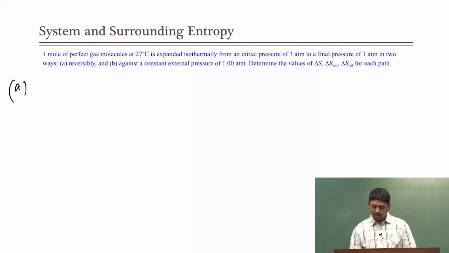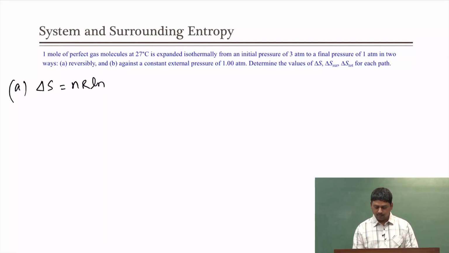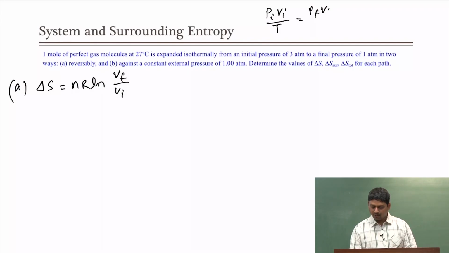So, it is an isothermal expansion from 3 atmosphere to 1 atmosphere. What will be the system's entropy? We know the system entropy is from the formula N R ln(V_f/V_i). Now, we know from the ideal gas relation that P_i V_i by T is P_f V_f by T, because it is isothermal, which means V_f by V_i will be P_i by P_f.